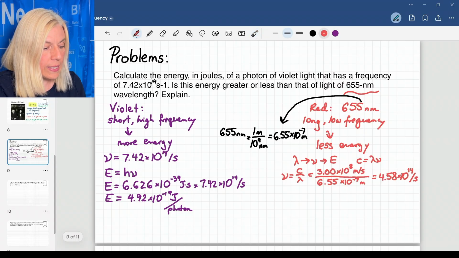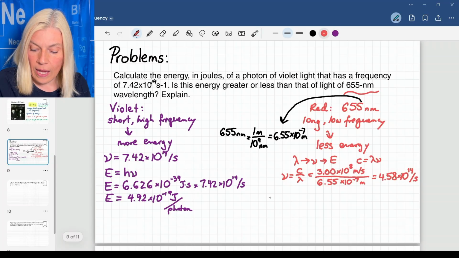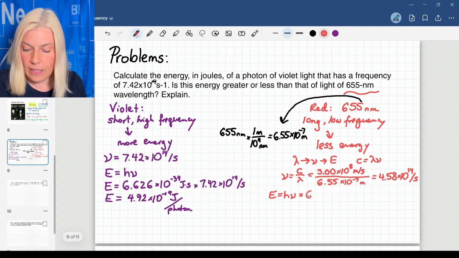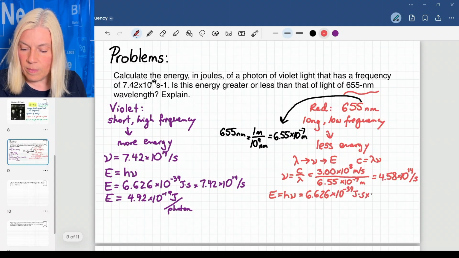Here's our frequency. And then again, we have E equals h nu. So we're going to plug this in. Planck's constant, 6.626 times 10 to the negative 34 joule times seconds times 4.58 times 10 to the 14th per second.